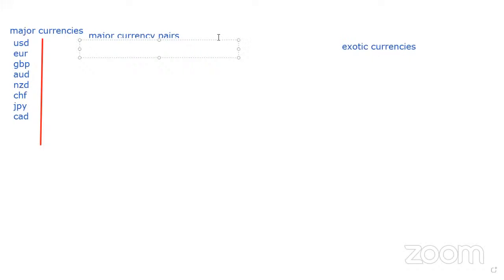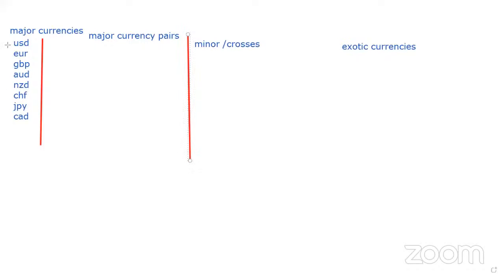Now, the next one is minor currency pairs, or crosses. Minor currency pairs are gotten from crossing any of these.